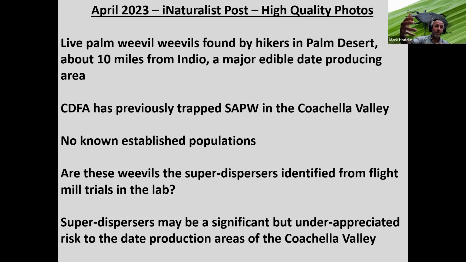But what our flight mill studies suggest to us is that these encounters out in the Coachella Valley, for example, could be the super dispersers that we have identified from flight mill trials that are capable of flying 70 to 100 miles in a 24-hour period. And as these super dispersers leave these infestation hotspots in San Diego County, they're probing new areas as they go out exploring.